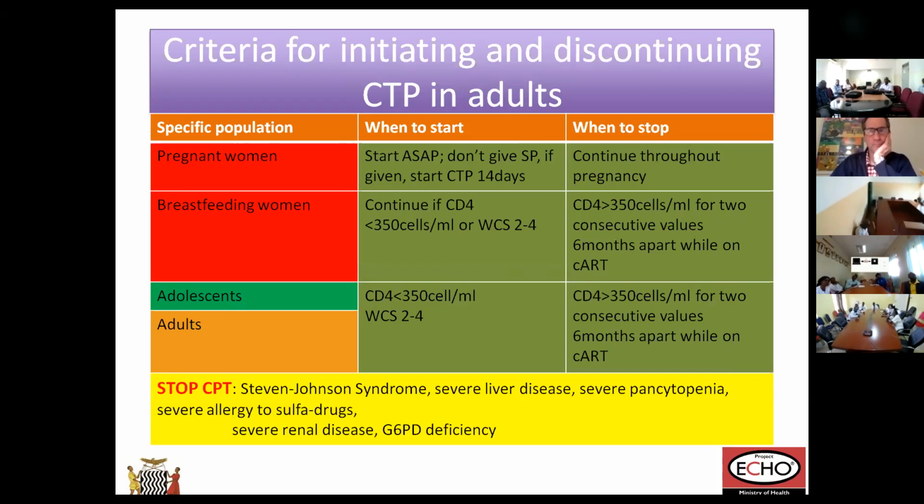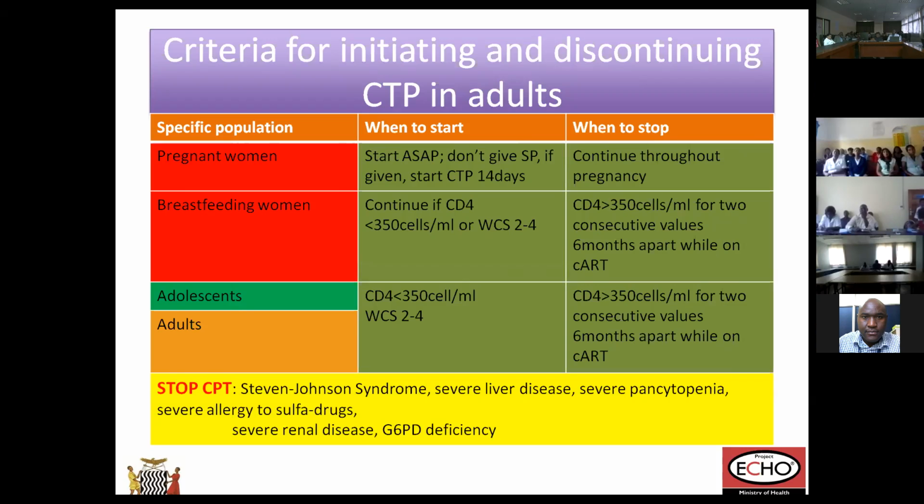And then you only discontinue the Septrin when the CD4 is above 350 cells per mil for 2 consecutive values 6 months apart while the individual is on ART.